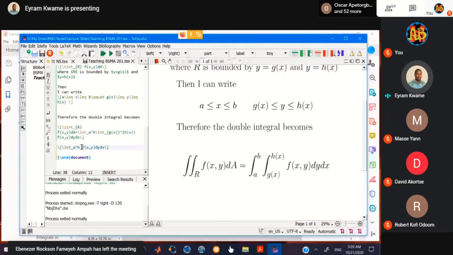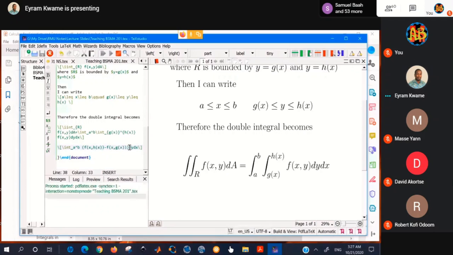But now this function becomes h of x minus f of x, comma, g of x. Oh, sorry, we don't need the y again.